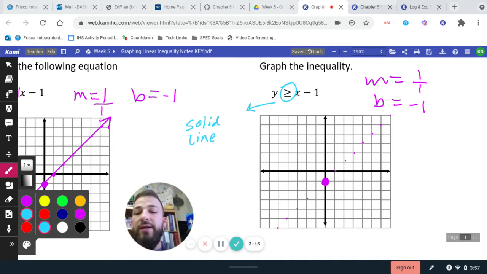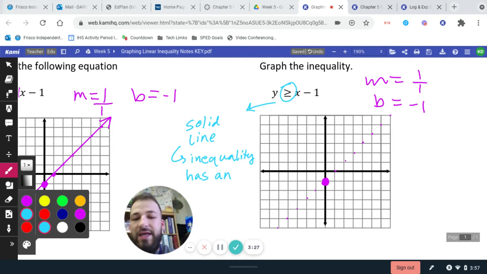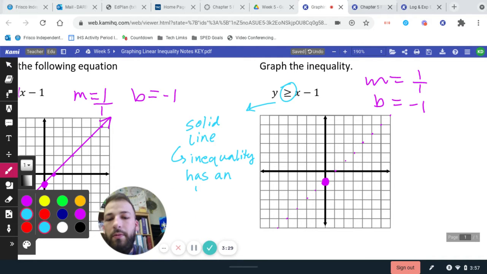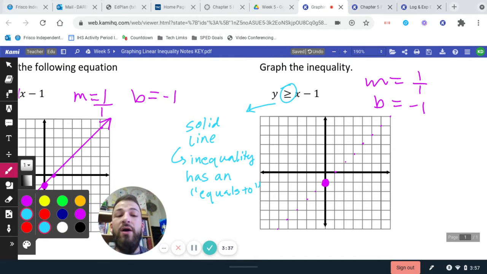So we make our line solid when we have the line under our inequality. So line under the inequality, solid line.